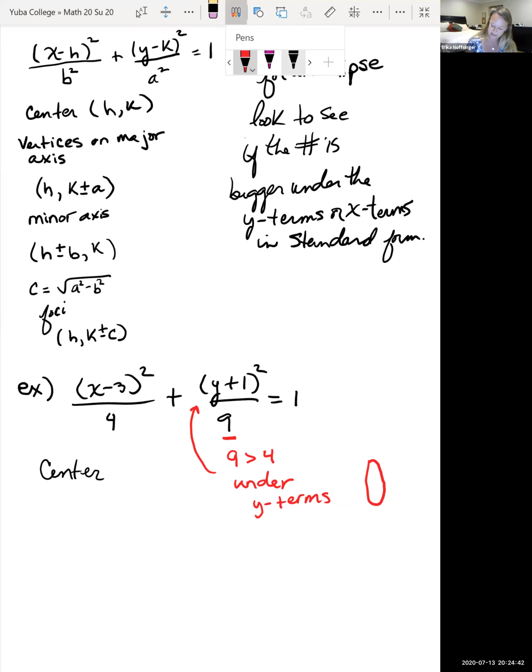So my center again is at (h, k). My h value has the opposite sign, so it's going to be positive 3. k, opposite sign, so negative 1.